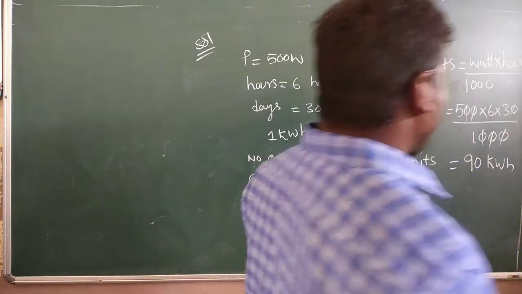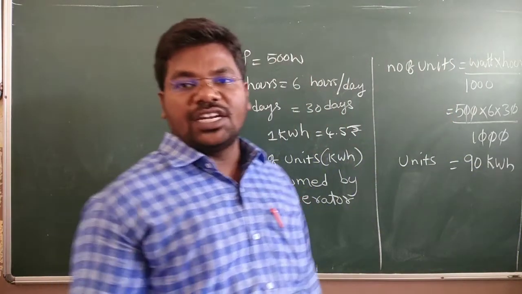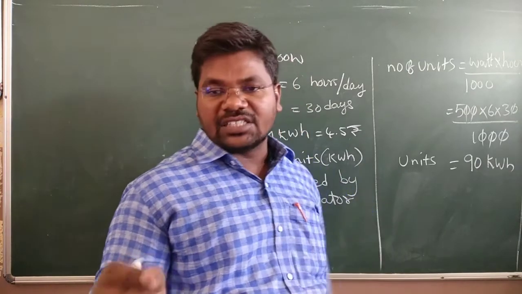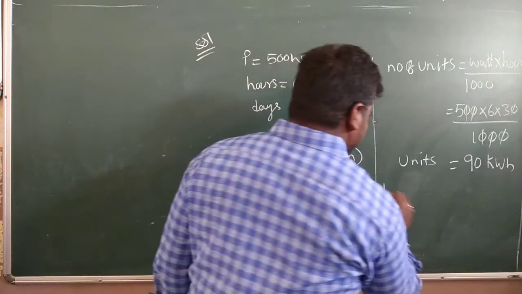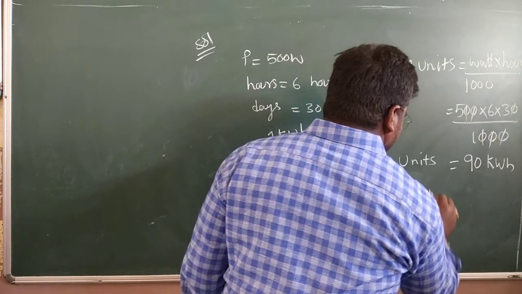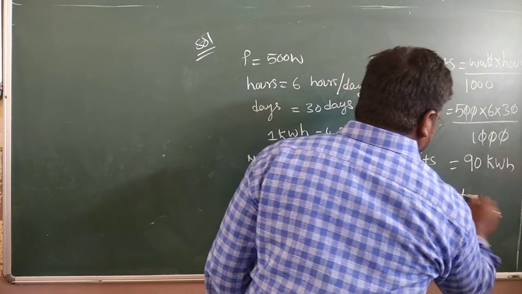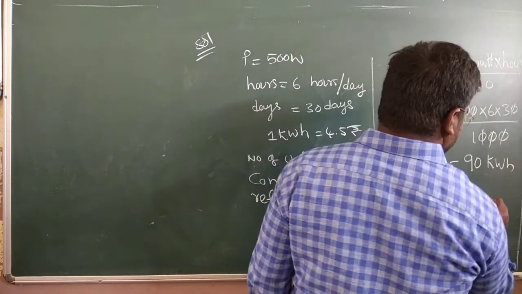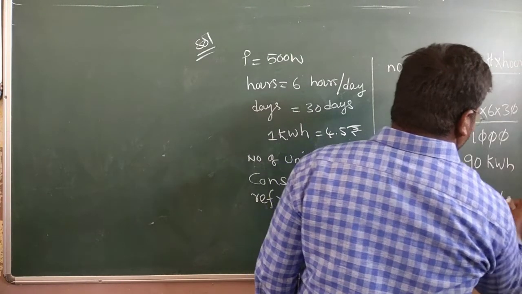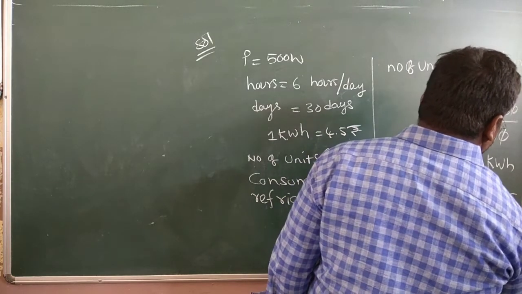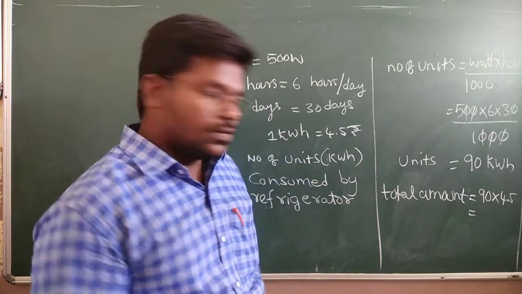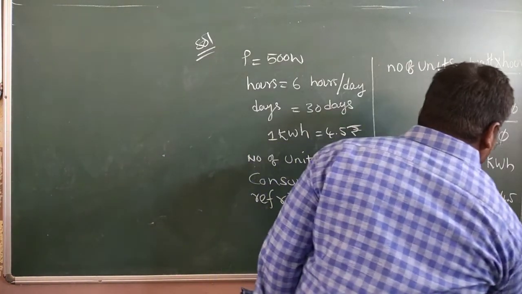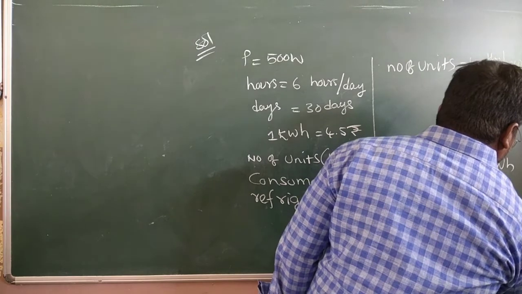So for each unit, the cost is 4.5 rupees. Total amount is number of units into 4.5 rupees, 90 into 4.5, which is 405 rupees.